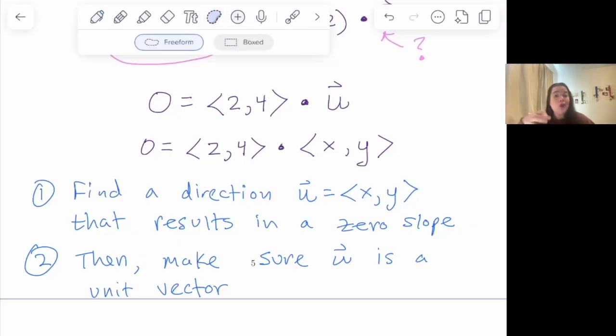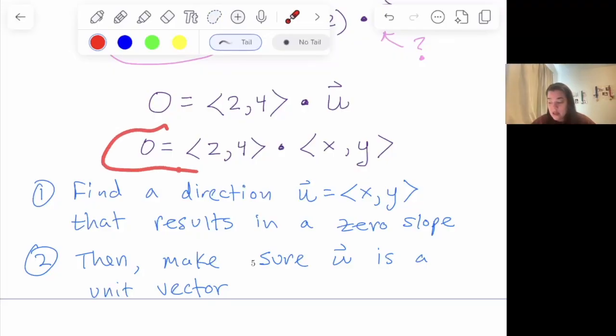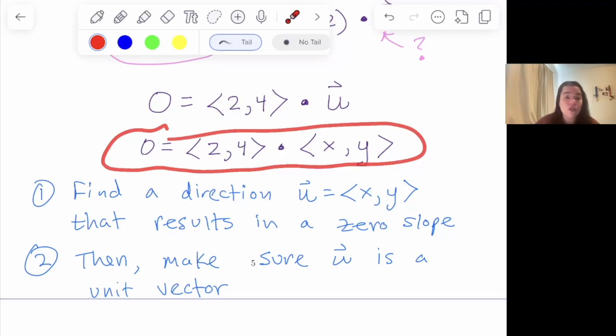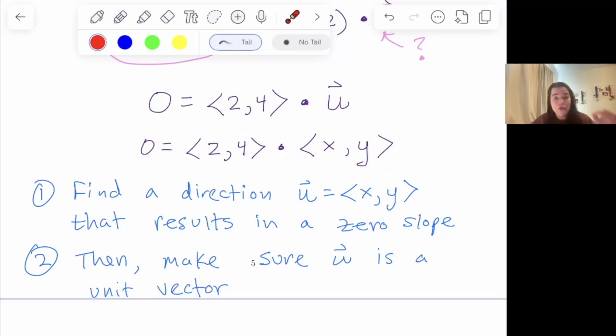The reason we don't need it to be a unit vector for the calculation, so this is kind of an important part. It is true that the directional derivative requires a unit vector to appropriately calculate it. But because we're setting it equal to 0, 0 is that magic number where we don't need this to be a unit vector to get it to equal 0.